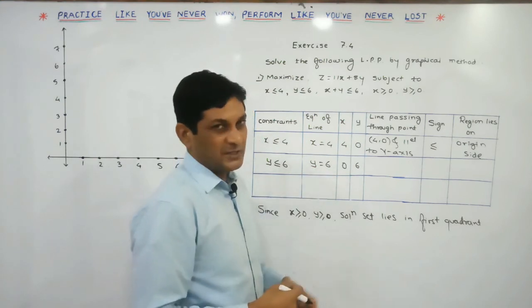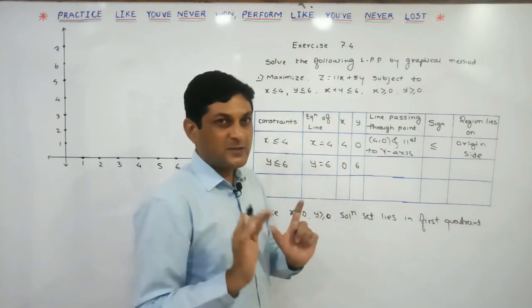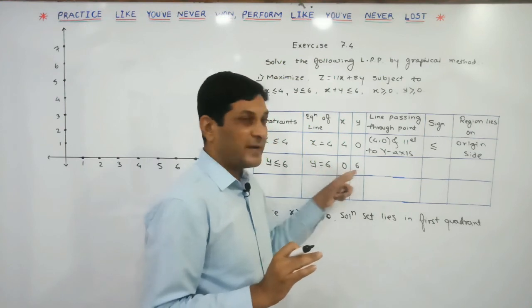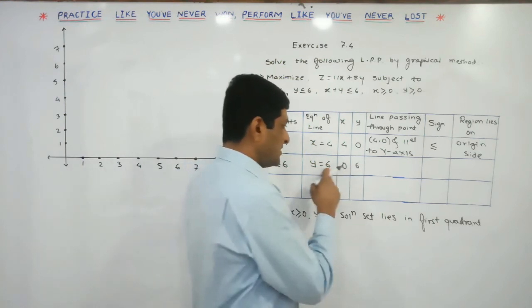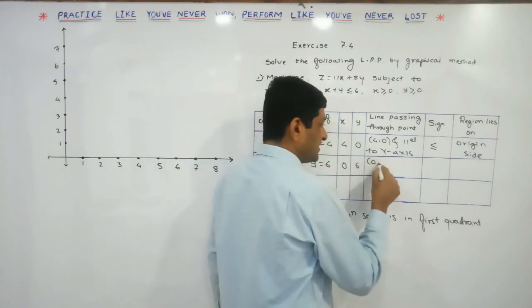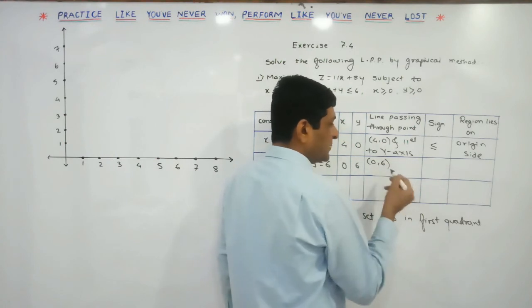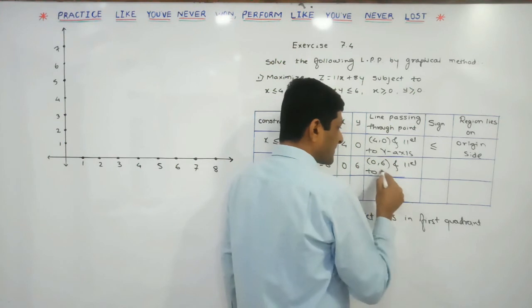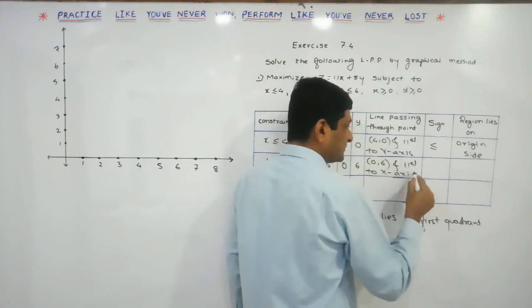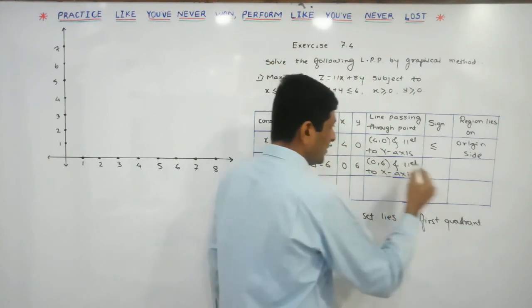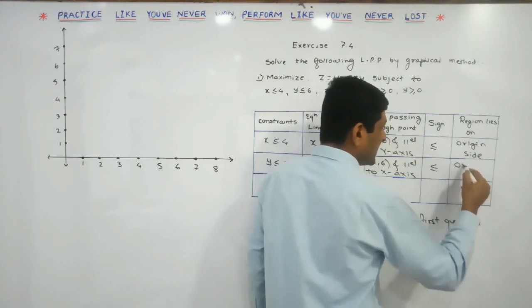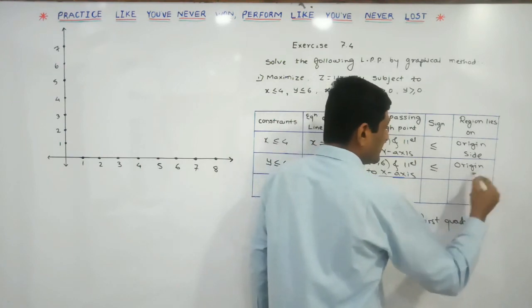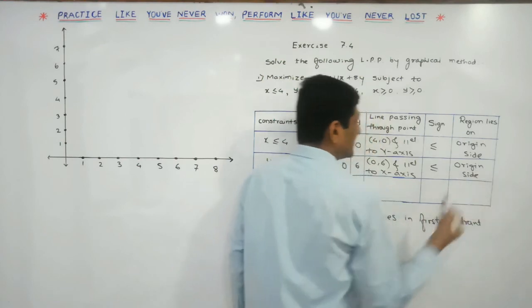Infinite points are there on this line, but we generally take the point which lies on this line and also on an axis. So here we observe that this line passes through the point 0, 6 and it is parallel to the x-axis. Here also which symbol is there? Less than or equals to. That's why we can say that the origin side part will be our solution set.